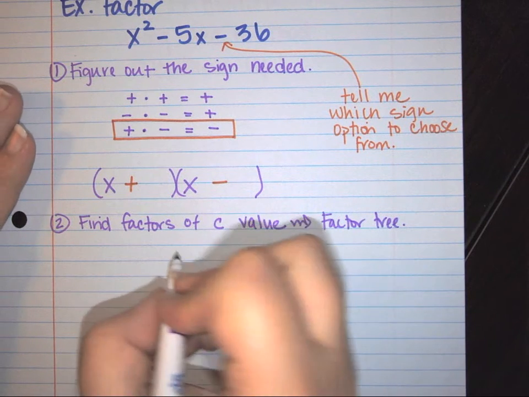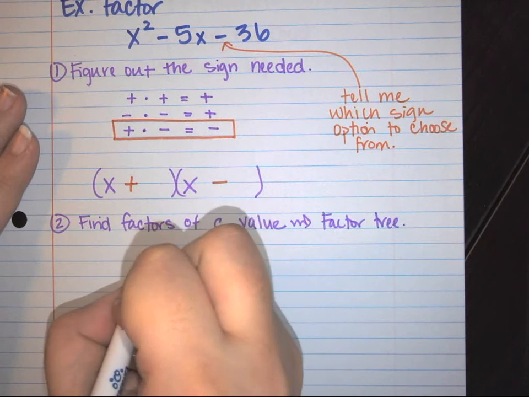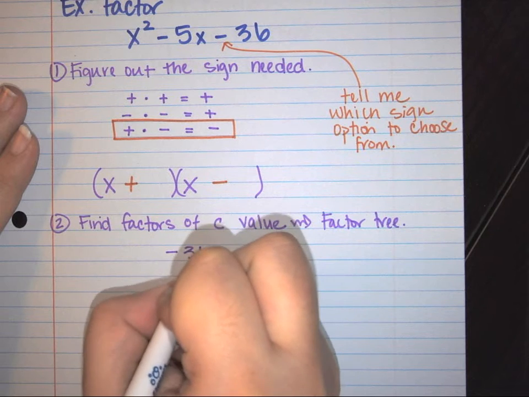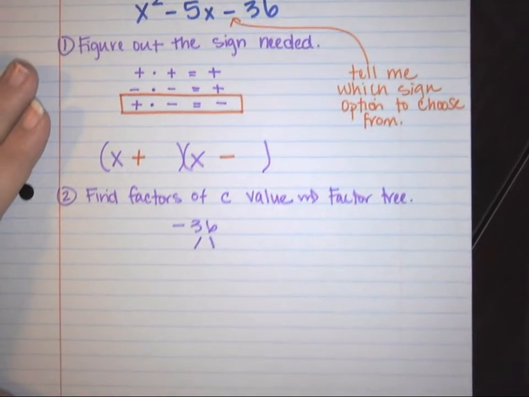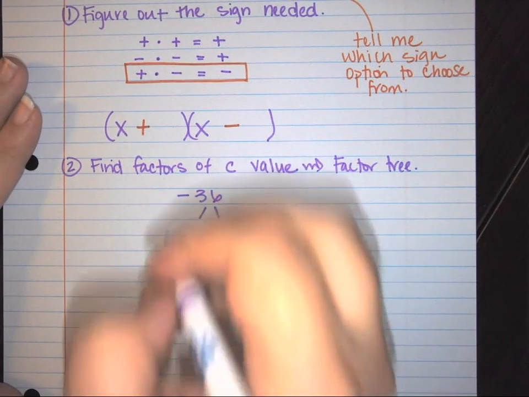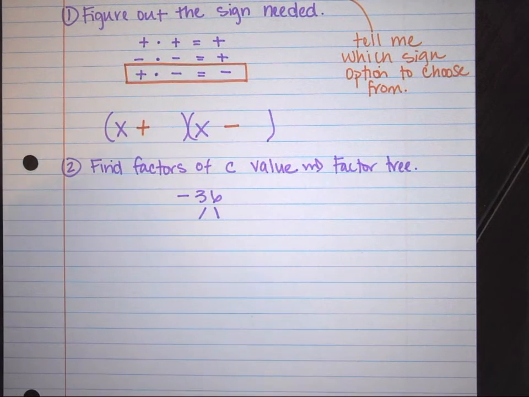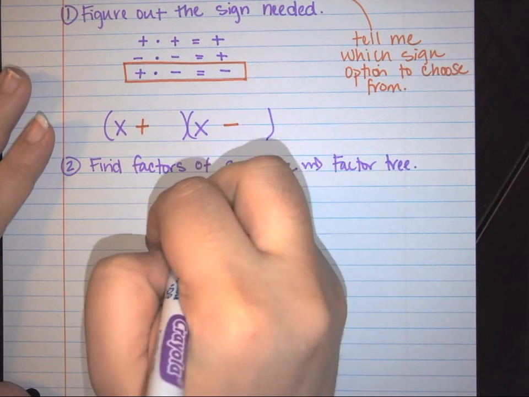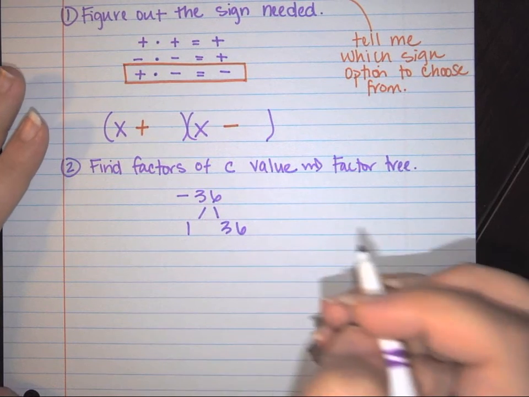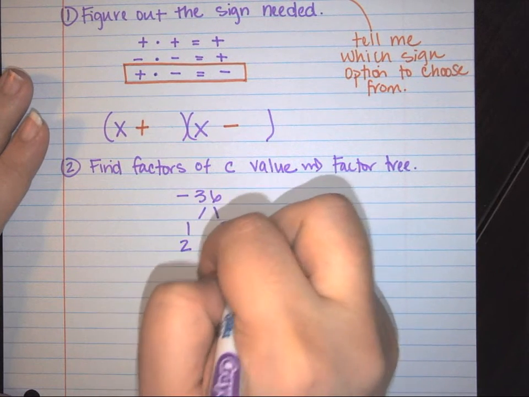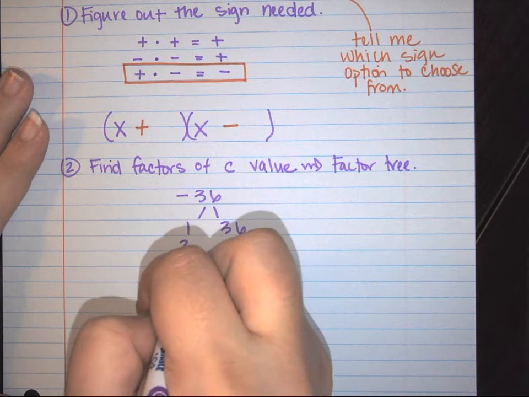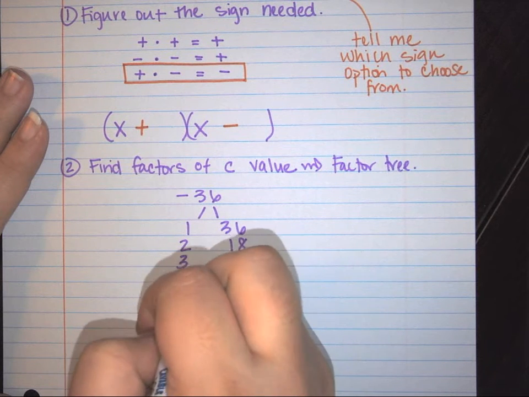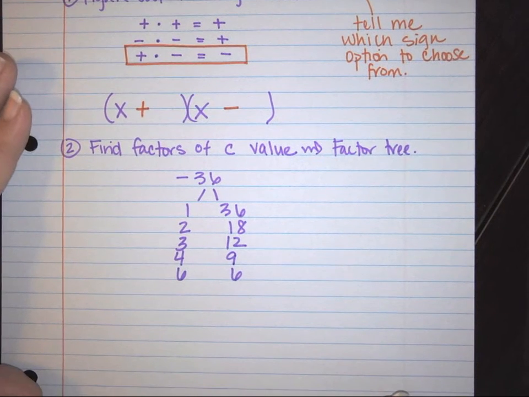The factor tree says I'm starting with my c, and in this case c is negative 36, and I'm going to look at their factors. I'm just simply looking at the numbers. I'm not looking at the signs yet because we have a trick for that. So I have 1 and 36, 2 and 18, 3 and 12, 4 and 9, 6 and 6.